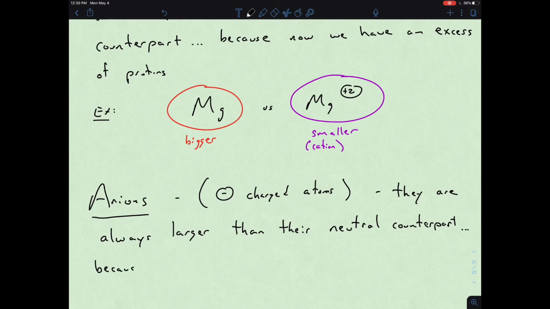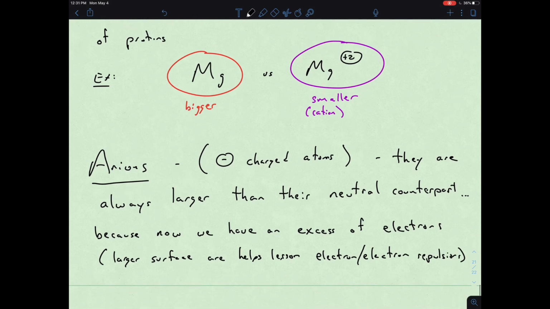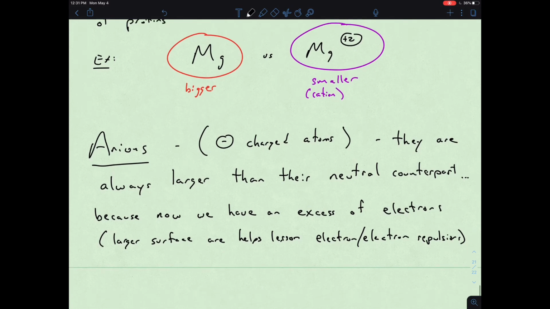Right, because, for the opposite reason, because now we have an excess of electrons. A larger surface area helps lessen the electron repulsions. So that's the idea with anions.